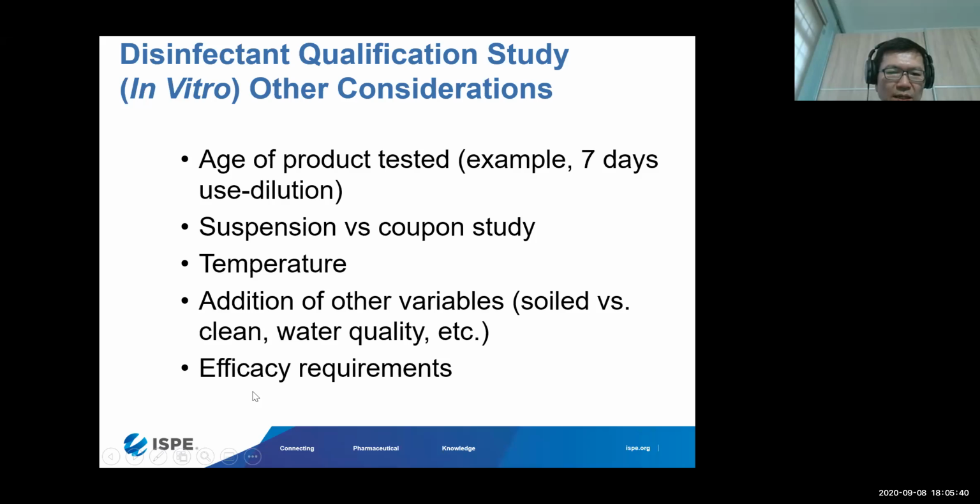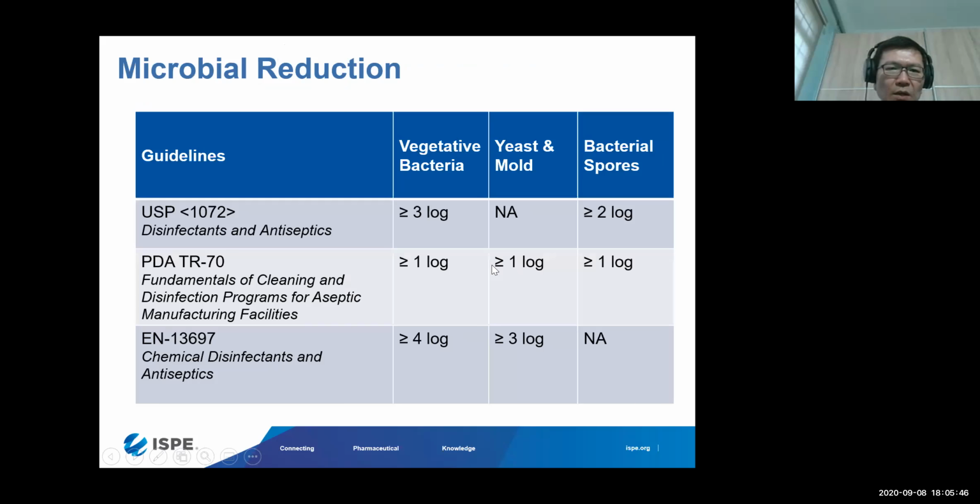And also you need to consider the efficacy requirements. What are the acceptance criteria for your coupon studies? If you look at the microbial reduction guidelines under USP 1072, vegetative bacteria more than 3 log, bacterial spores 2 log. There's no guidance on yeast and mold for 1072. PDA Technical Report 70 is all 1.